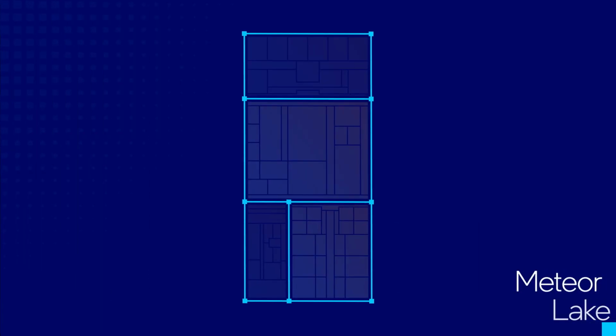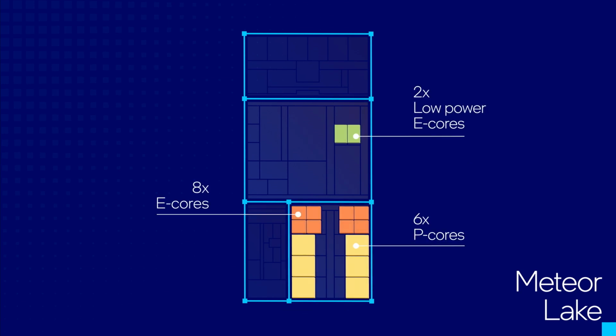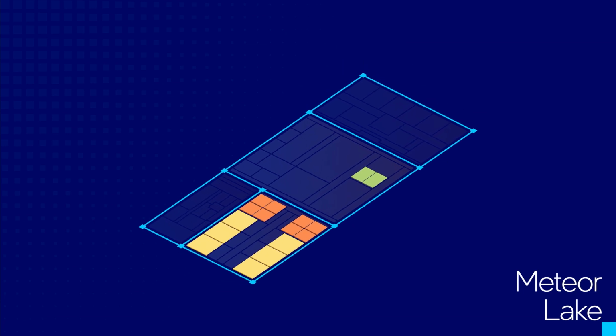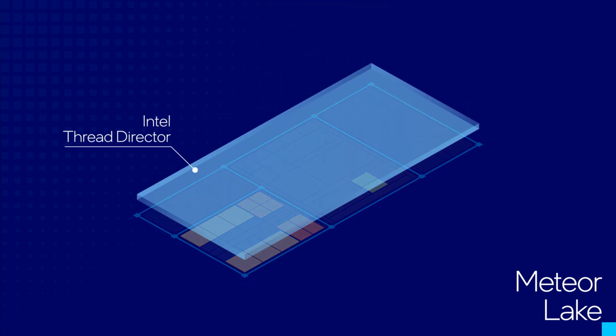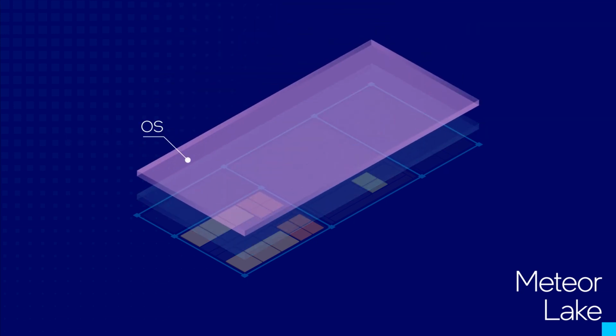Now, ensuring right workloads are assigned to appropriate cores is a fundamental part of hybrid architecture. This is where our enhanced version of Intel Thread Director technology comes into play. Built into hardware, Intel Thread Director provides guidance to operating system for optimal scheduling decisions to efficiently manage workload distribution and optimize performance across different workload types.